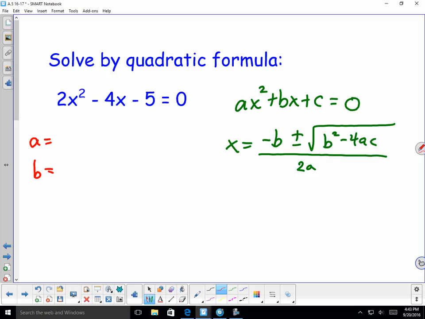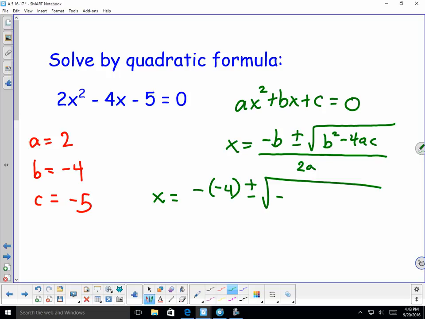In this first example that we're solving using the quadratic formula, we need to identify our a, our b, and our c. The a is equal to 2, the b is equal to negative 4, and the c is equal to negative 5. At this point, we're going to plug in the numbers and see what we get. We have x equals the opposite of b, so the opposite of negative 4, plus or minus the square root of negative 4 quantity squared.